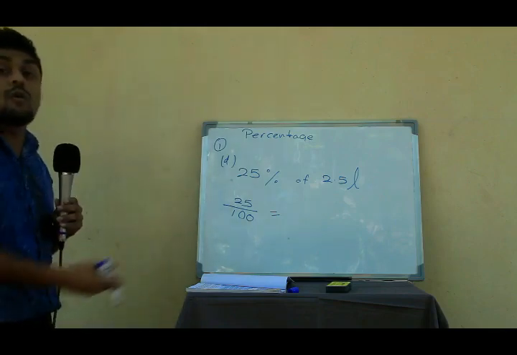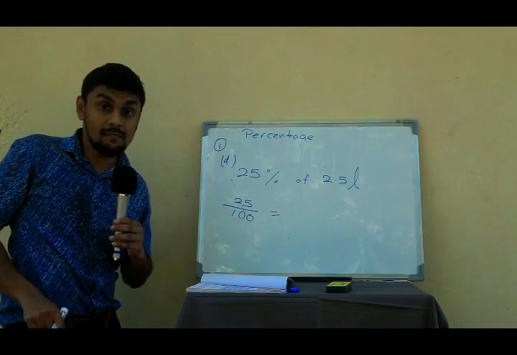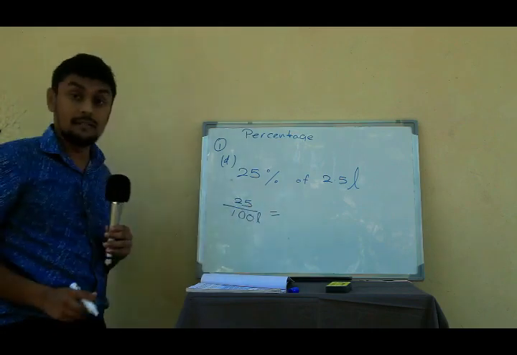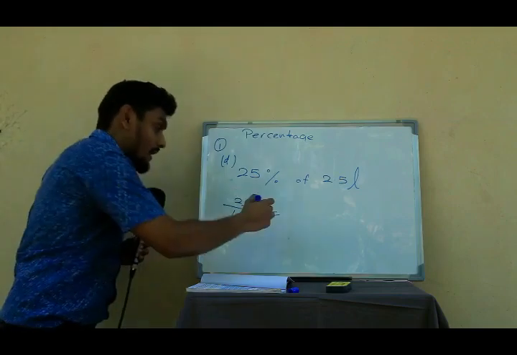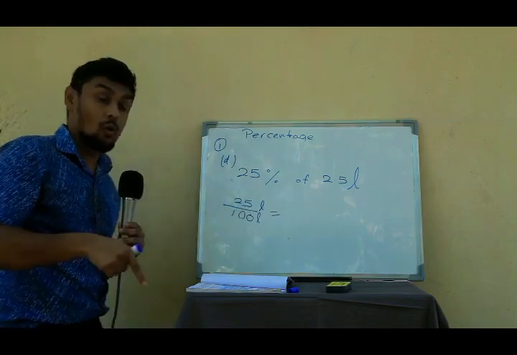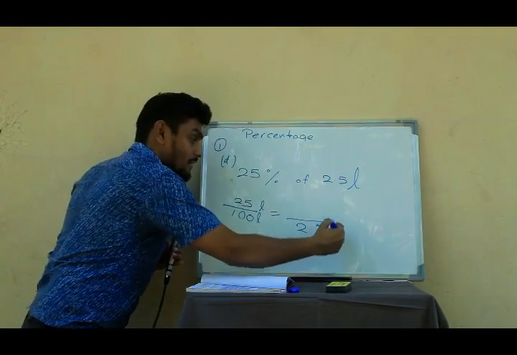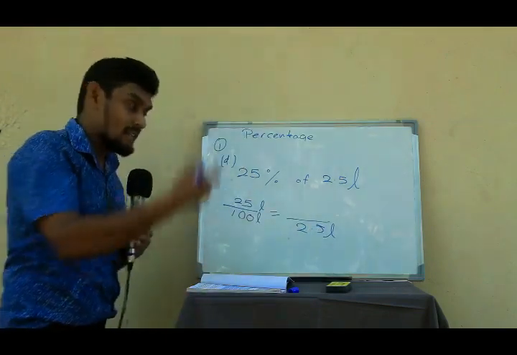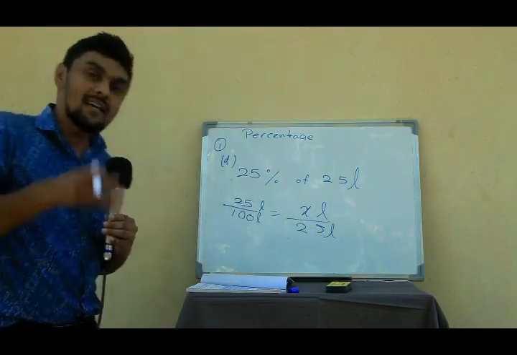Then how to solve? Assume you have 100 liters. If you have 100 liters, you should have to take 25 liters. So if you have 2.5 liters, what is the amount you should have to take out as the answer?